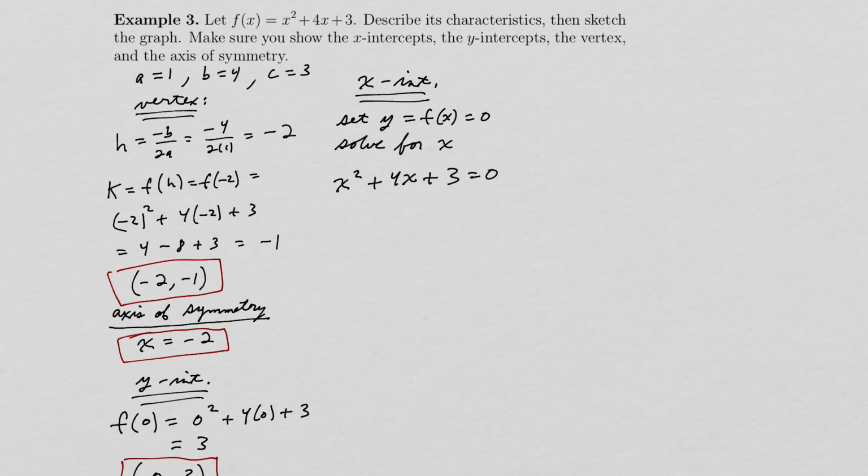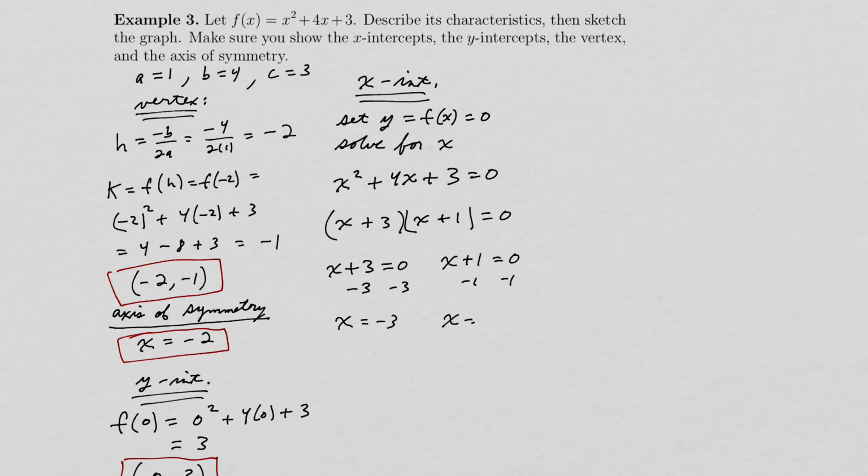It's a quadratic equation, so I'm going to try factoring. So I have x and x. I want two things that multiply to give me 3 and add to give me 4. That's easy: positive 3, positive 1. So one possibility is x plus 3 equals 0, and the other is x plus 1 equals 0. This one gives me the solution x equals negative 3, and this one gives me x equals negative 1. So one x-intercept is negative 3, comma 0, and the other is negative 1, comma 0.